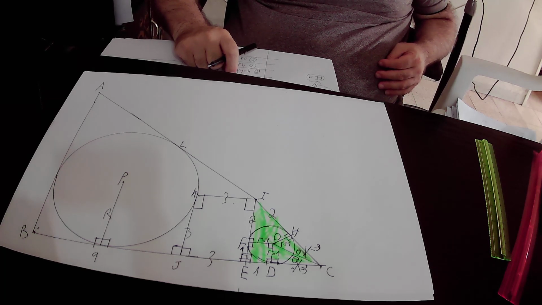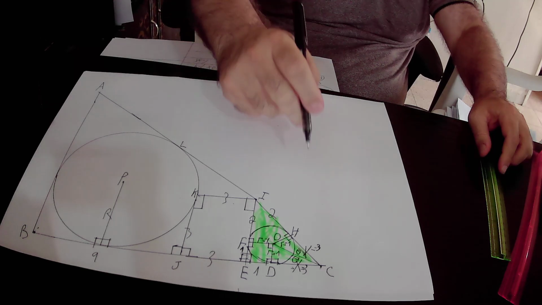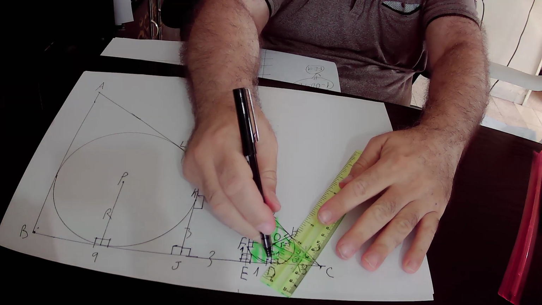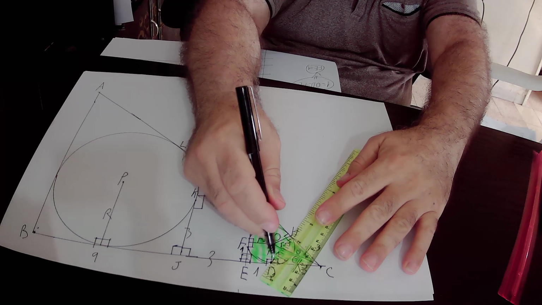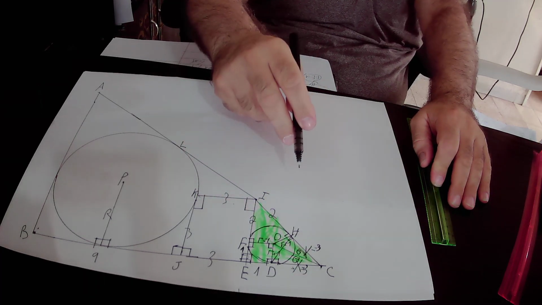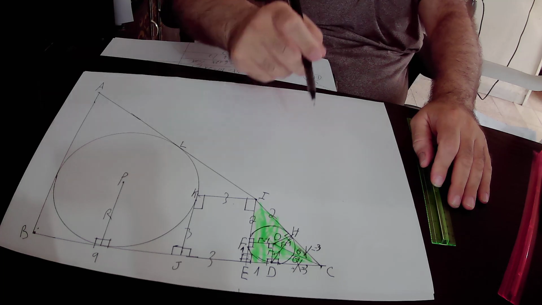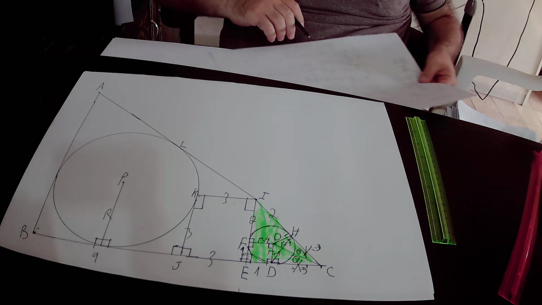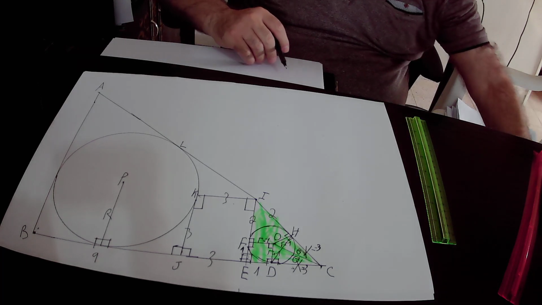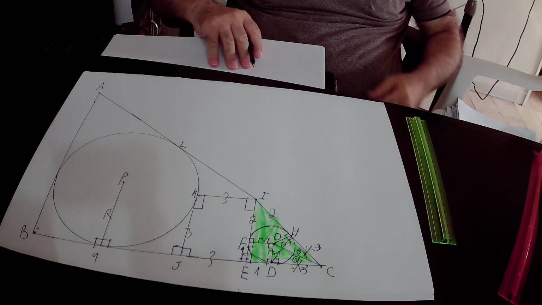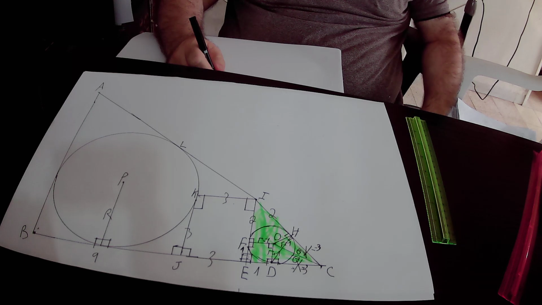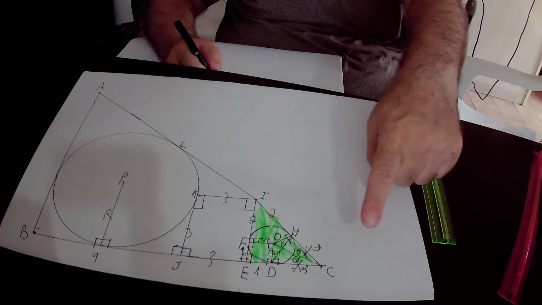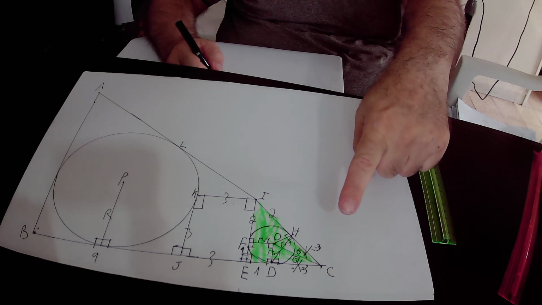In the next step, we will join points H and D together by a straight line. By joining points H and D, we created here triangle HDC. So, according to what we did until now, we can conclude that CO is the angle bisector of angle C. Why?